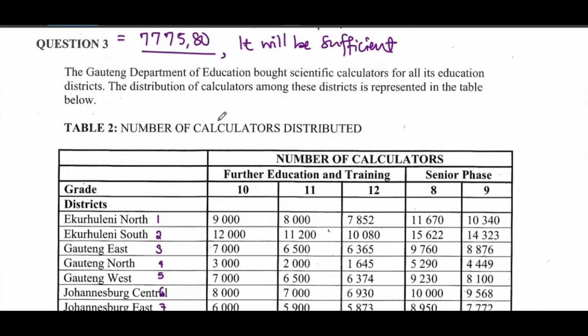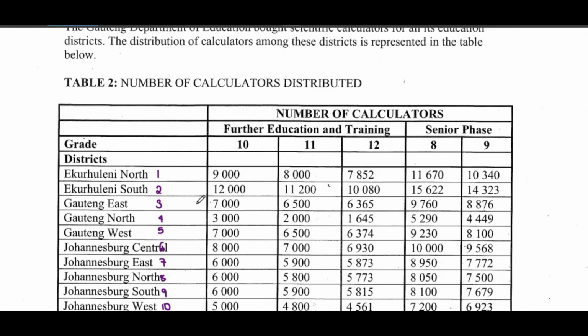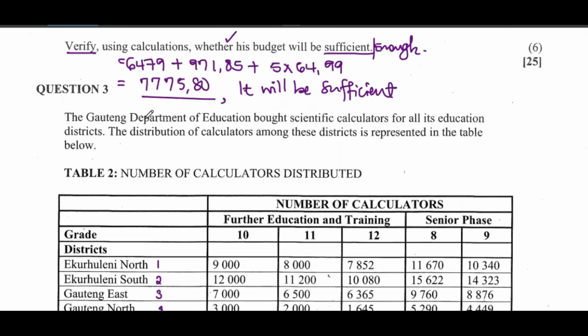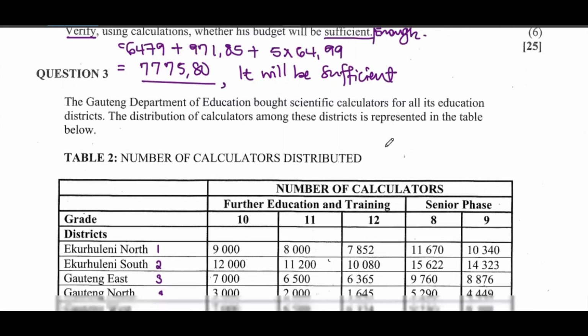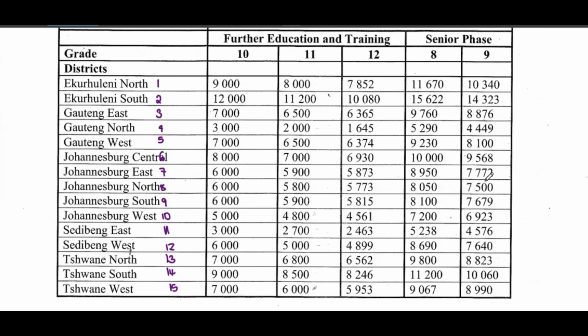Okay, we shall add everything up for grade 9 because it says the Gauteng Department of Education board scientific calculator. So we shall come to grade 9. We add all the numbers.